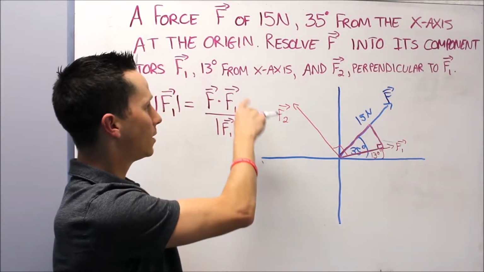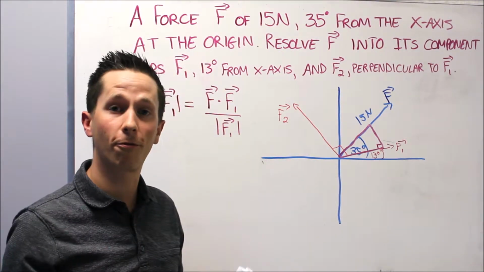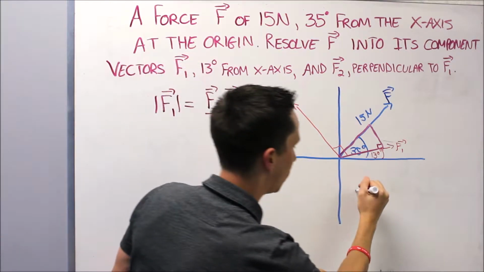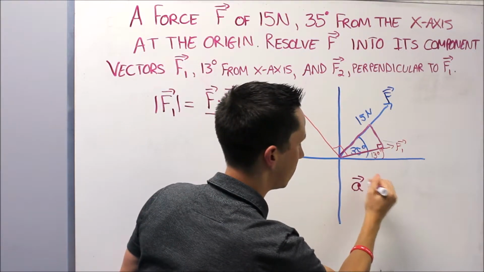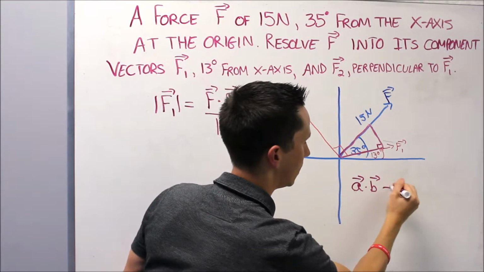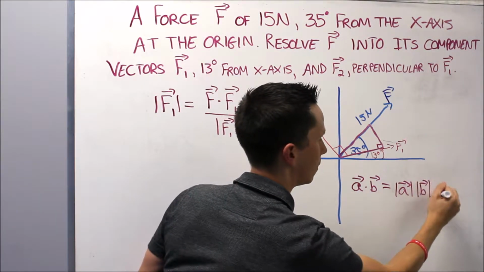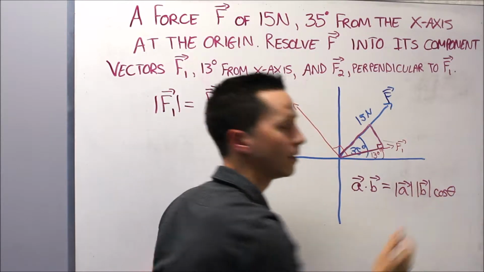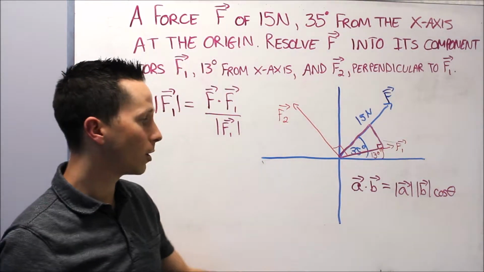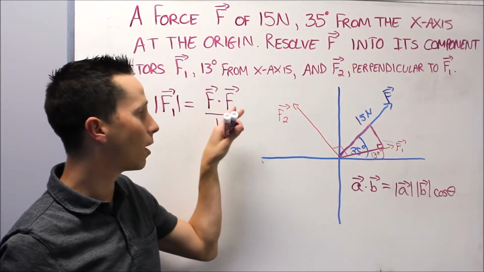So what we need to do is take our other formula. We know the formula for the dot product. We can say A dot B is equal to the magnitude of A, magnitude of B, cos theta. So cos of the angle between them. So all I'm going to do is substitute this in for the dot product.